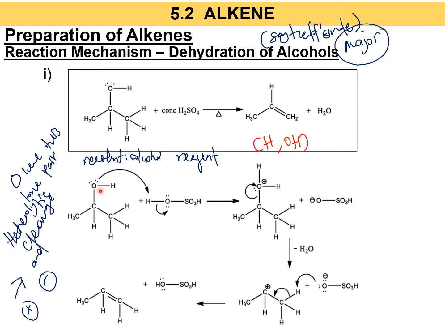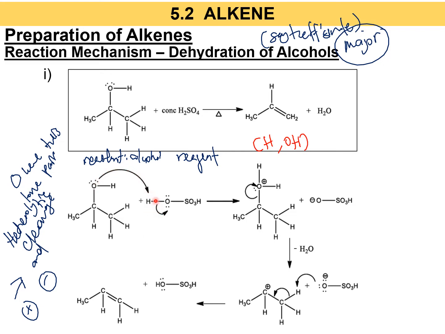Lepas tu, as usual, as I told you, kalau you nak buat homolytic ke heterolytic cleavage ke, dekat the beginning of the arrow, it always has to come from the source of electron. In this case, source of electron of this arrow comes from the lone pair of oxygen dekat alcohol ni. Lepas tu dia nak ambil this hydrogen.